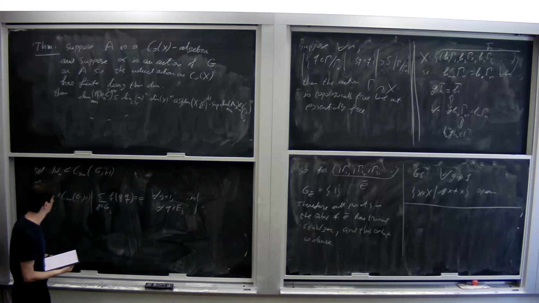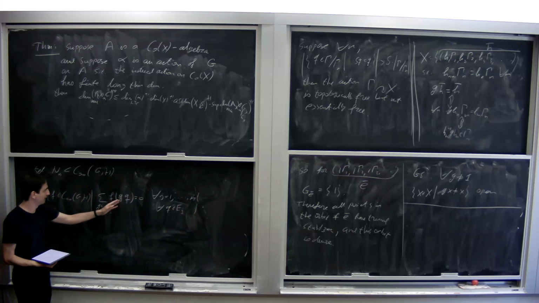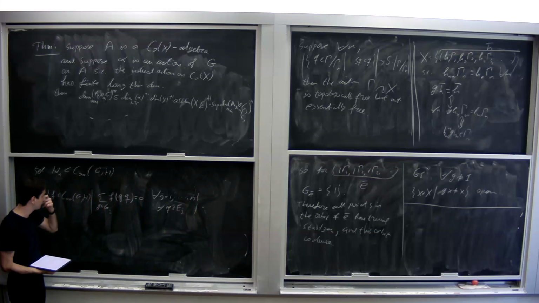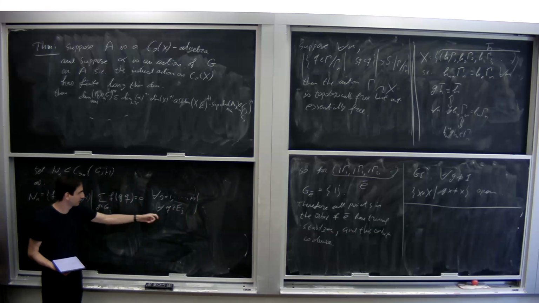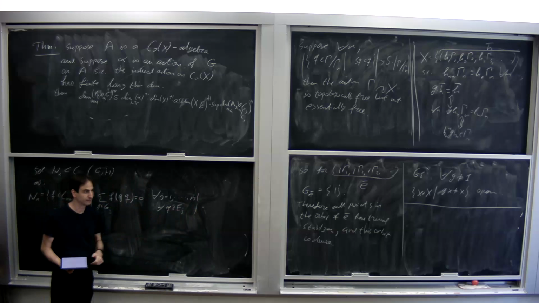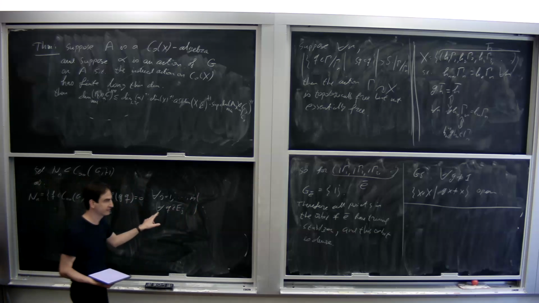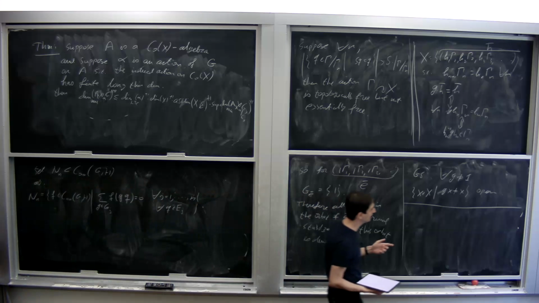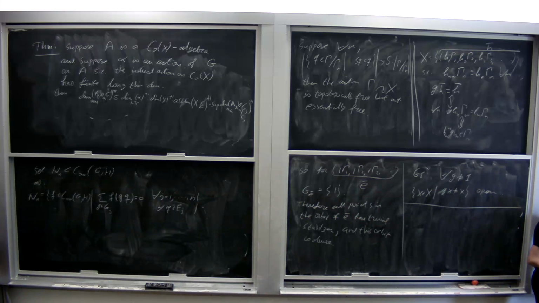So we want, when I average over the group, to get 0, but only for elements which come from this J set. For any element which comes in E1, I want the average over the group G1 to be 0.